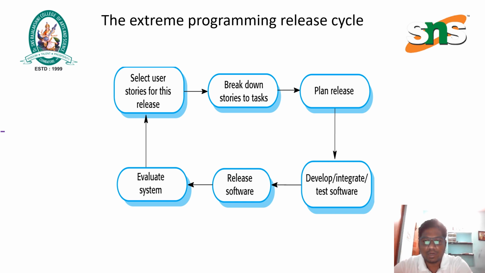Fourth, develop and integrate and test the software. Fifth, release the software. Sixth, evaluate the system. This is the extreme programming release cycle.